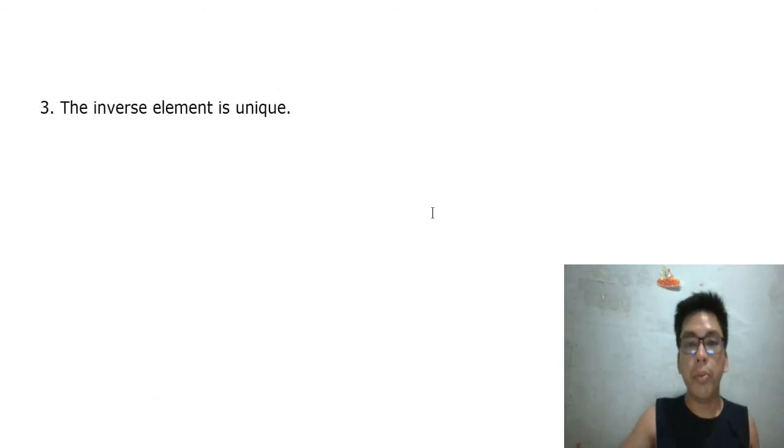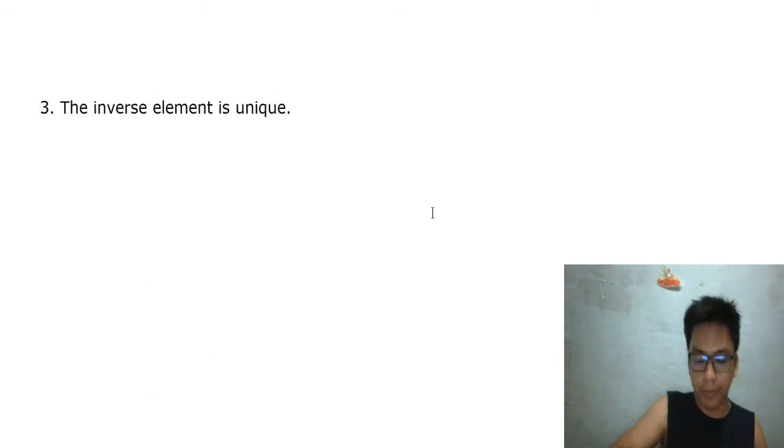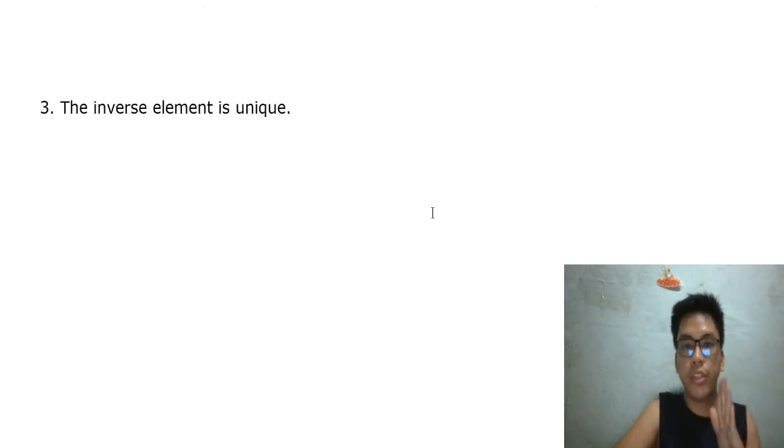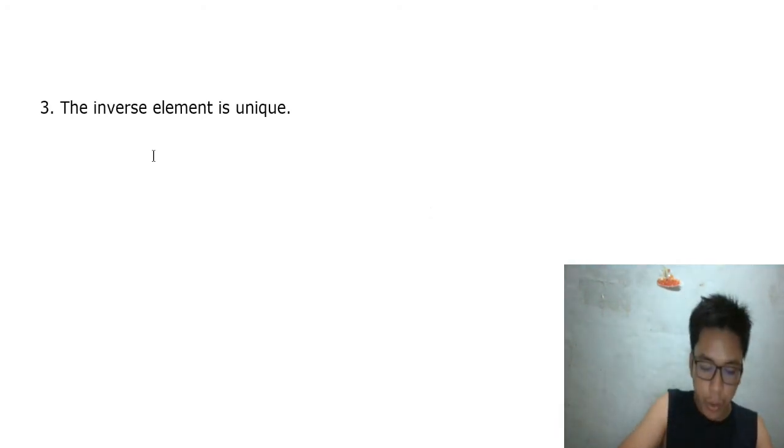That's it. Number three, the inverse element is unique. So that means if you have an element A in a group G, the inverse of this element is just one. You cannot find any other inverse of that specific element. So let's assume otherwise, that there's really another inverse aside from A inverse.